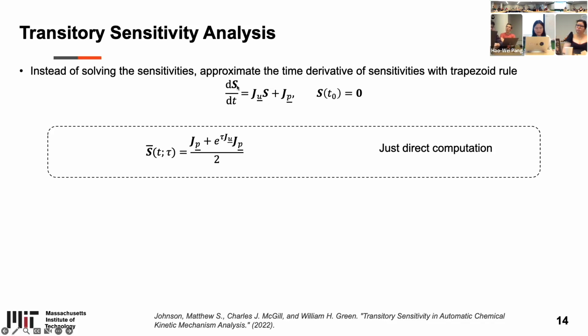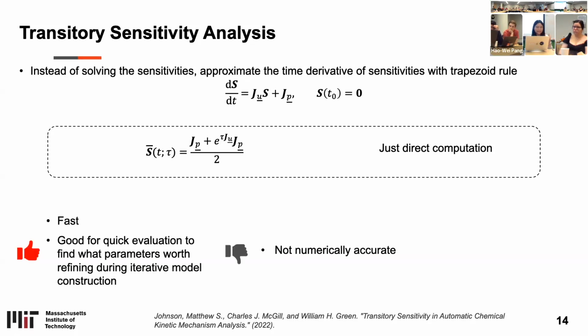So instead of solving the sensitivity matrix, it gets this semi-analytical equation here, and instead of solving the sensitivity, you solve a sensitivity averaged over time. This is really good because you don't solve any ODE equations here, which is pretty expensive. It's just a direct computation, direct additions and multiplications and exponentiation, really fast.